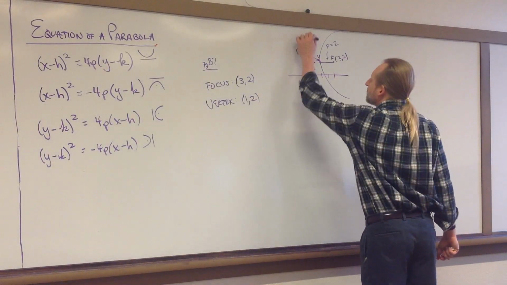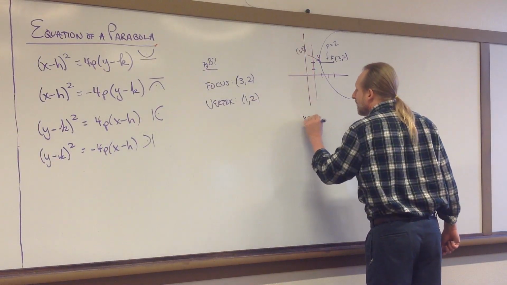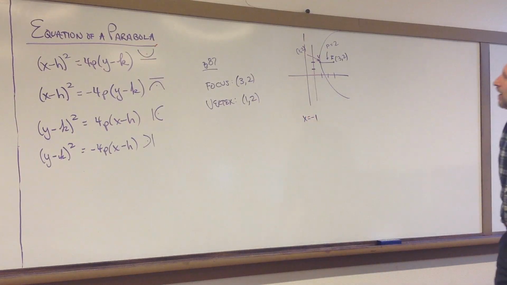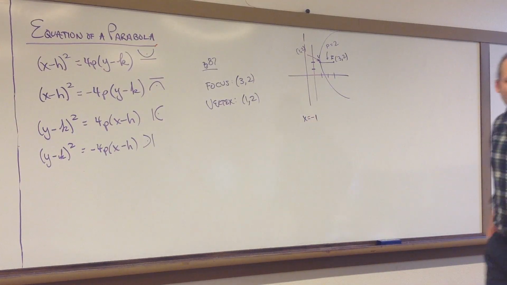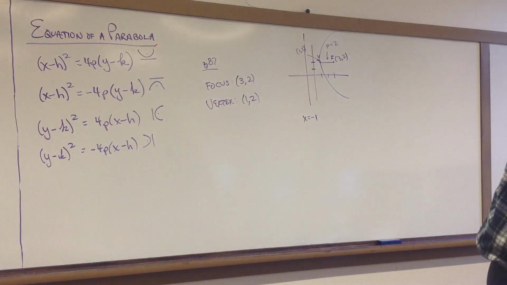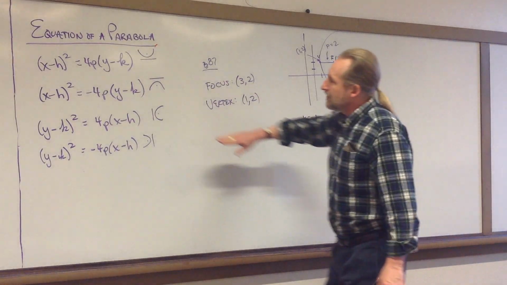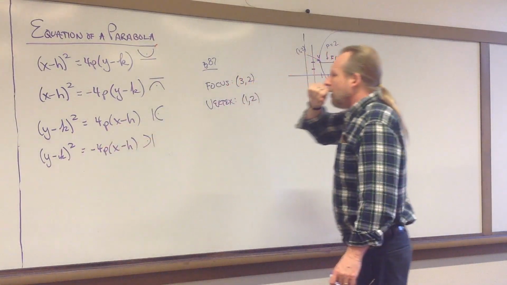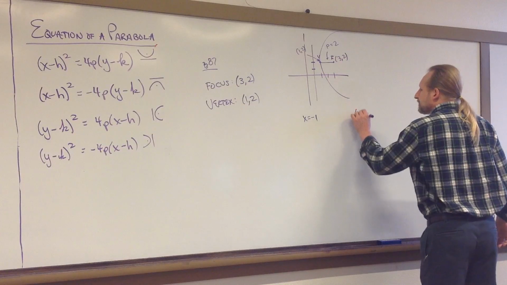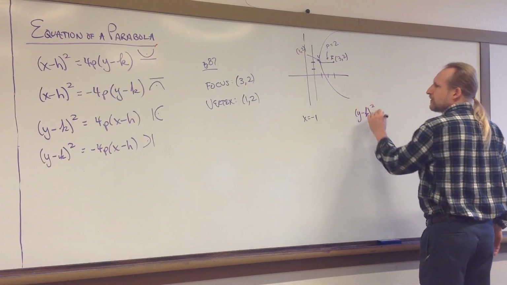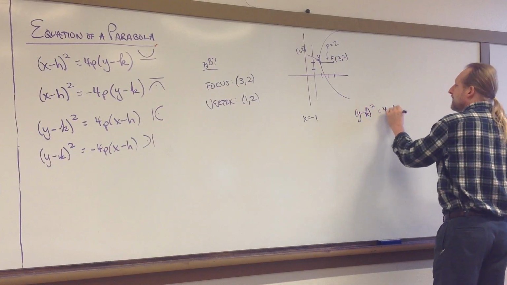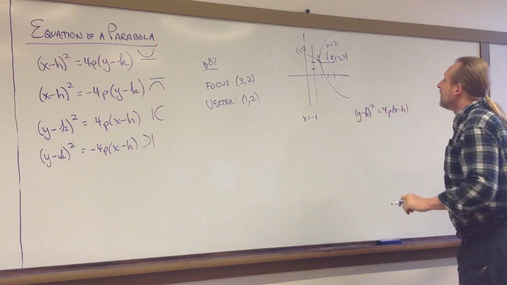That means the directrix is back here at x equals -1. Now, the problem isn't really asking us for that. What is the problem asking us? Determine an equation. Well, this is a rightward-facing parabola. That means our equation is going to be in that format: (y - k) squared equals 4p times (x - h).